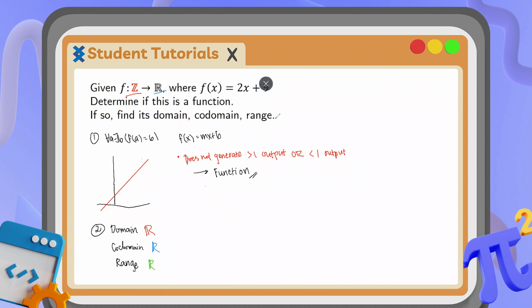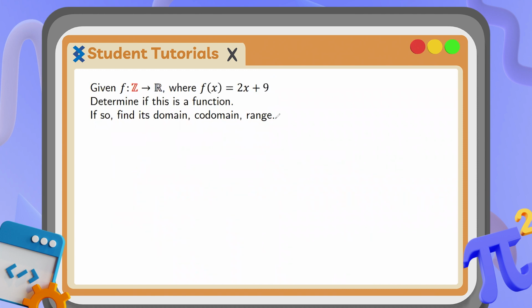So let's have another example here. What if we change the set this time? We have a function from integers to real numbers where f of x is equal to 2x plus 9. Determine if it's a function, and if so, find the domain, codomain, and range.